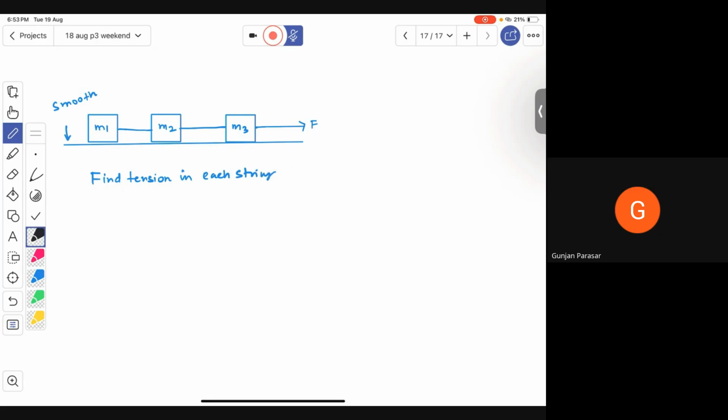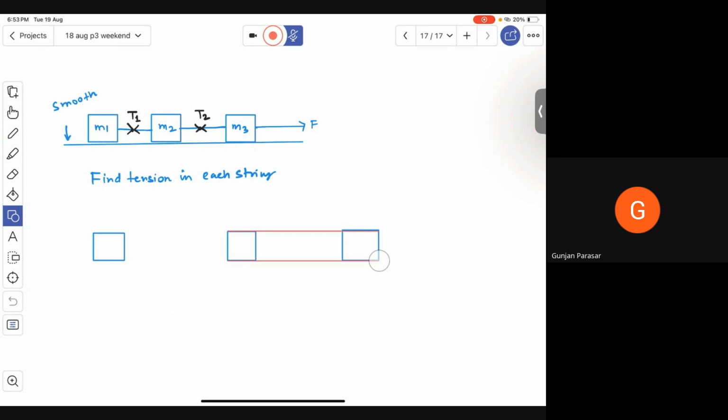So whatever the tension in a string will be, it will be in an action-reaction pair. Suppose the tension in the string which connects M1 and M2 is T1. The tension in the string which connects M2 and M3 is, suppose, T2. And if I draw the ABD of M1, M2, M3 separately, you tell me how the forces are going to act upon them, just the horizontal ones.